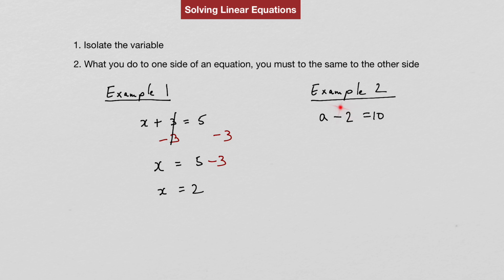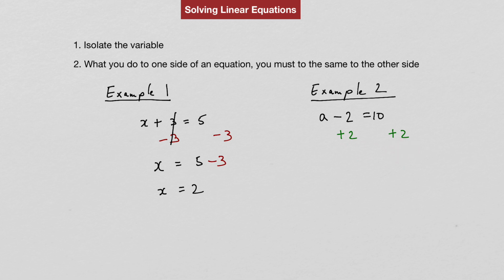We have a negative 2 here. So in order to get rid of this negative 2, we have to do something to that negative 2. And what we're going to do is add a positive 2. And whatever we do to one side of the equation, remember we have to do to the other.